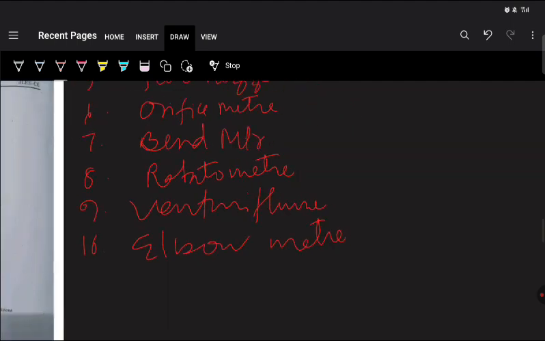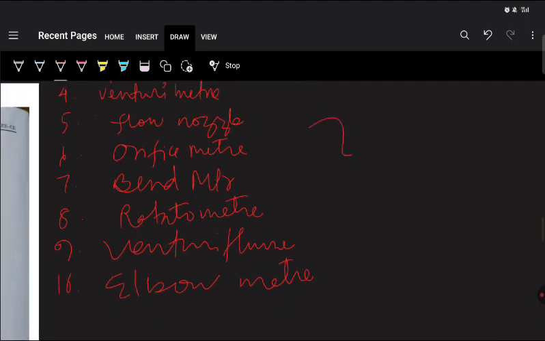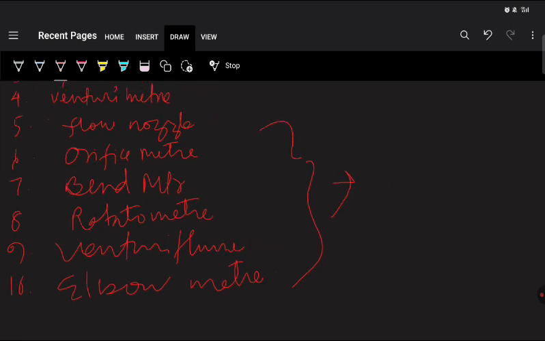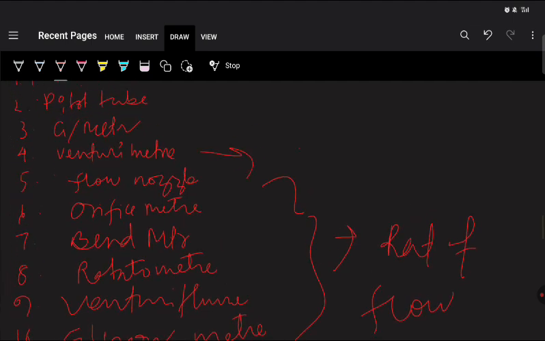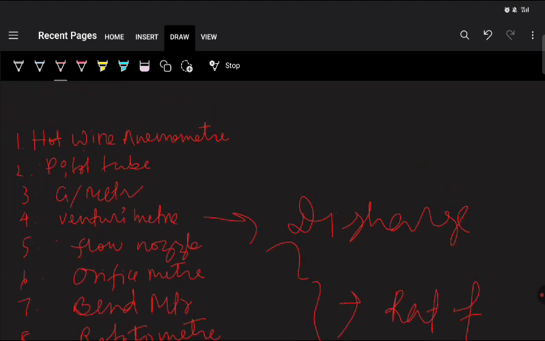Here, from flow nozzle to elbow meter, all these devices are used to measure rate of flow or discharge. Current meter, pitot tube and hot wire anemometer are used to measure velocity.